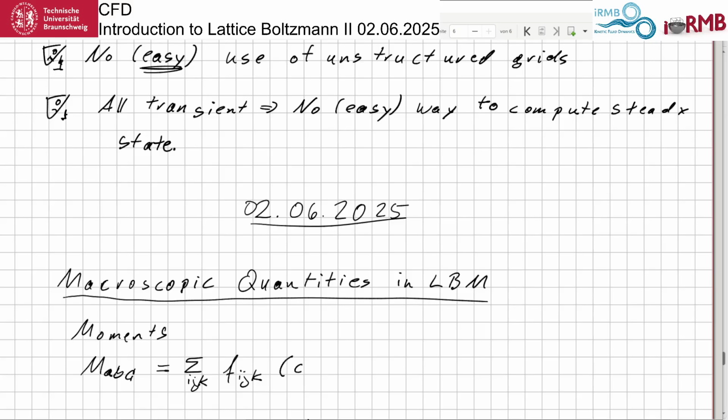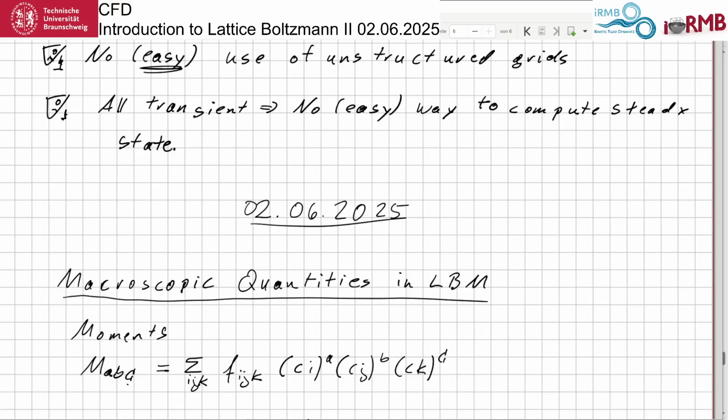And here comes then c, the lattice speed. This c here is an index, because a, b, c. I could have used alpha, beta, gamma, but I wrote it this way. So c without the index is the lattice velocity. This goes by the power of a, c_j by the power of b, and c_k by the power of the other c.